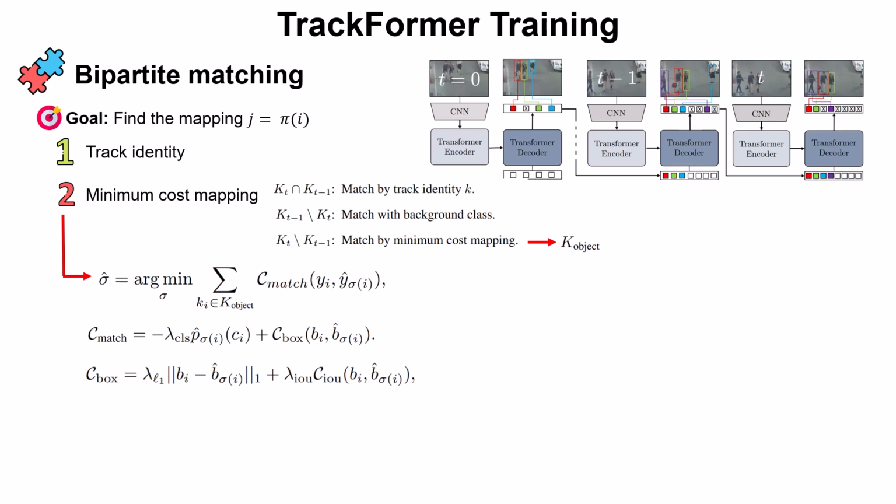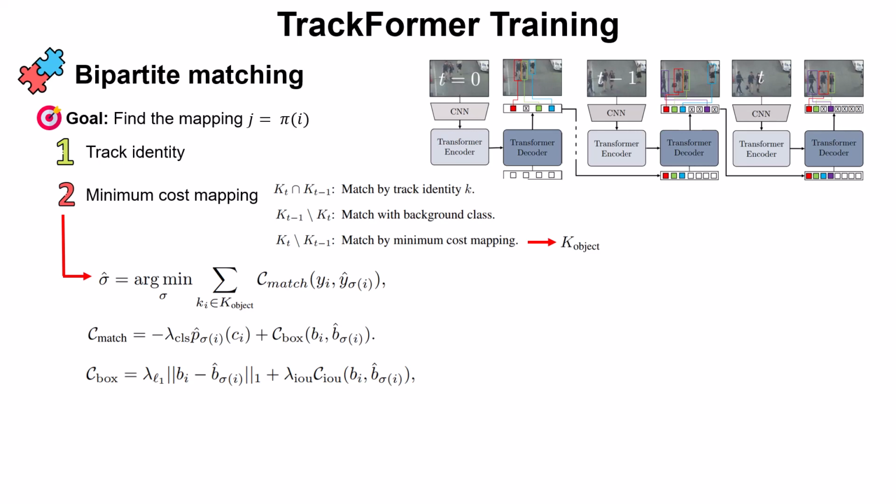The first term is the L1 norm, and the second term is the intersection over union between the ground truth and the prediction. And don't think about this sigma hat as a neural network thing or something. It's just a simple pair where the first element is the ground truth index and the second element is the network prediction. And as long as that satisfies this constraint, which has the minimum cost of classification and bounding box regression, we are okay with that.